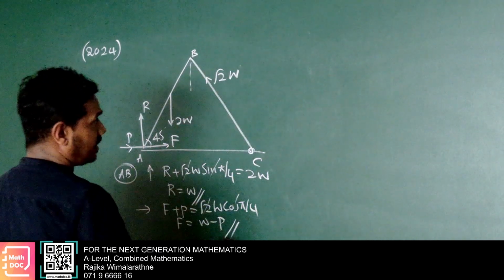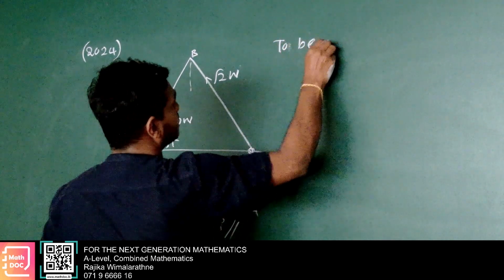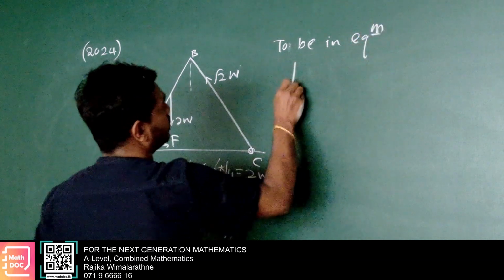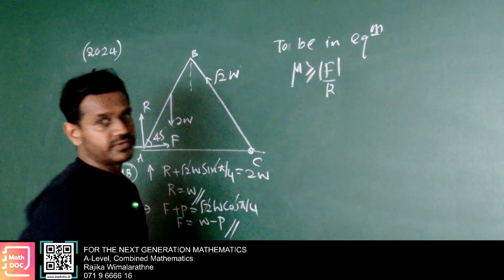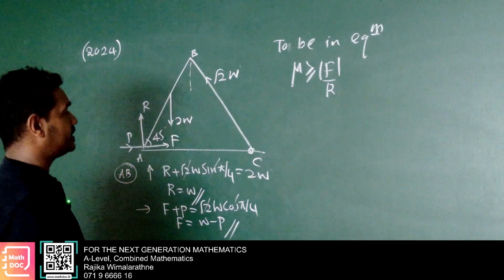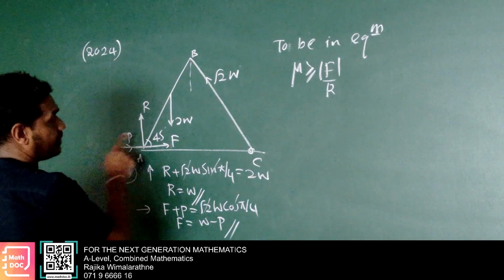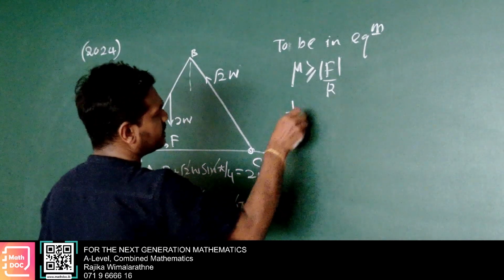Then we know R and W. Now to be in equilibrium, mu greater than or equal F divided by R. Here we have to put modulus here because here F direction can be differ with P value. No? Then mu value given, it is 1/4.